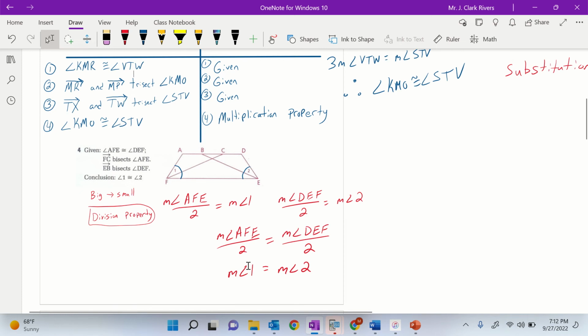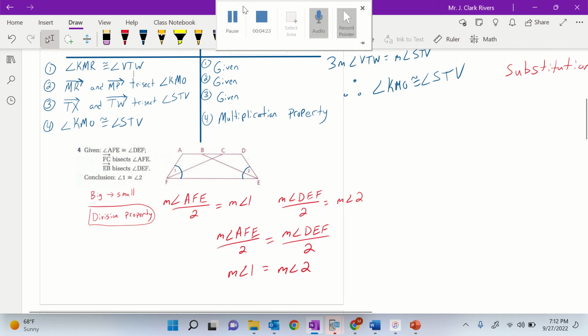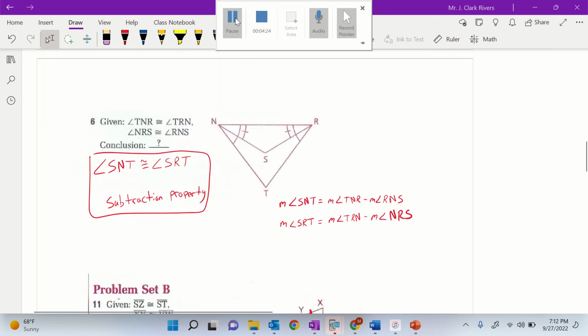The measure of angle AFE divided by 2 is equal to the measure of angle DEF divided by 2. That is the division property. When two angles are congruent, their like divisions are congruent as well. So that's where the division property comes in right here in the box. The measure of angle 1 has to equal the measure of angle 2, or you might have said angle 1 is congruent to angle 2. That was number 4.